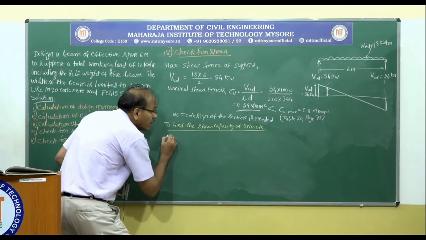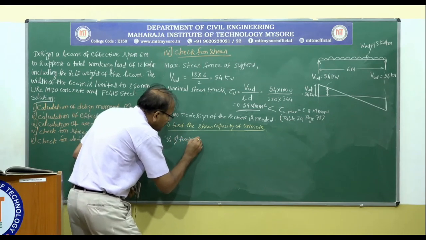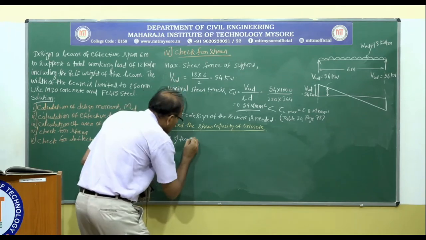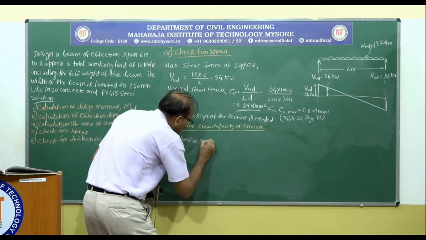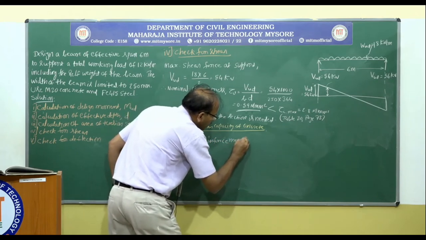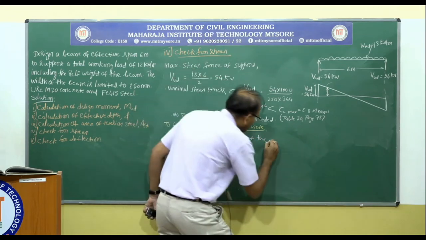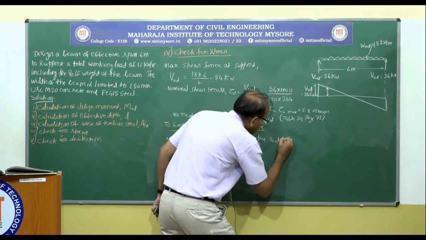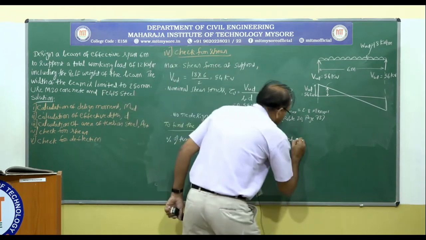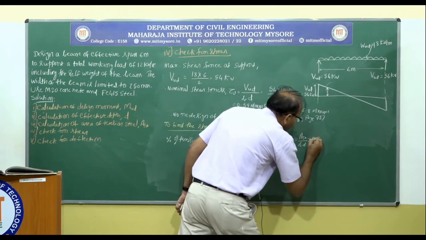So, percentage of tension reinforcement at the support equal to AST divided by BD multiplied by 100.